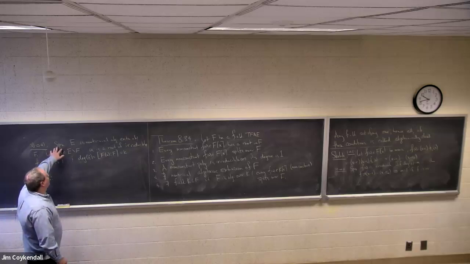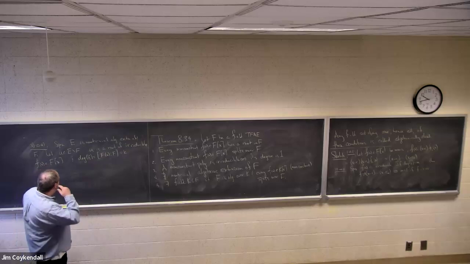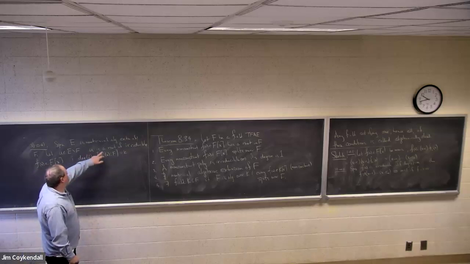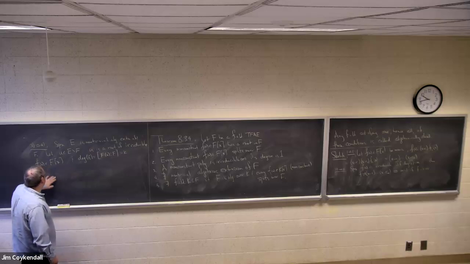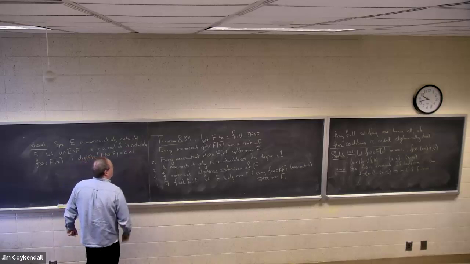So we're assuming that we have a non-trivial algebraic extension of F, and we're trying to show that there's a polynomial of degree bigger than 1. So u is a root of this irreducible polynomial, and the degree of F(u) over F is greater than 1.